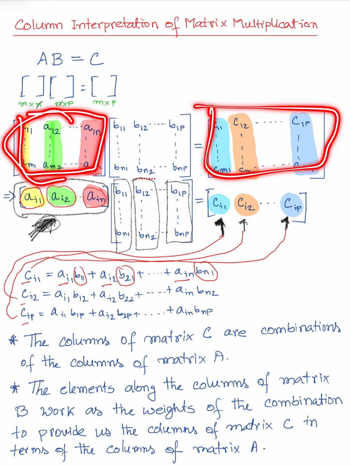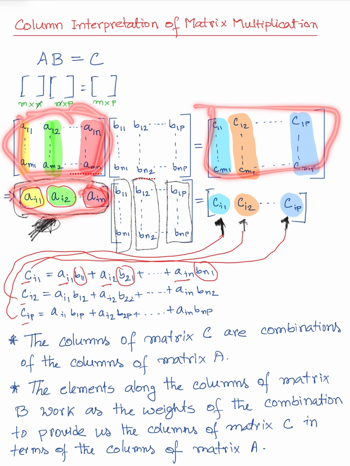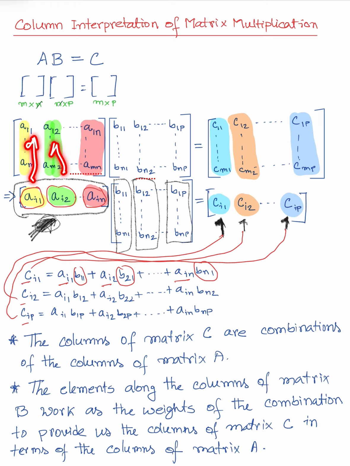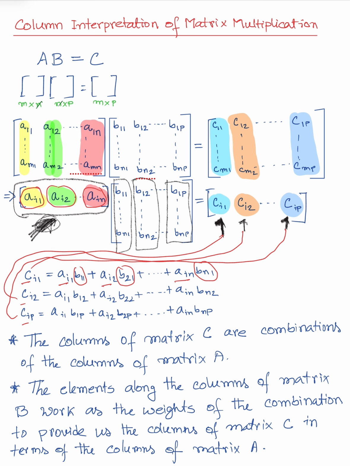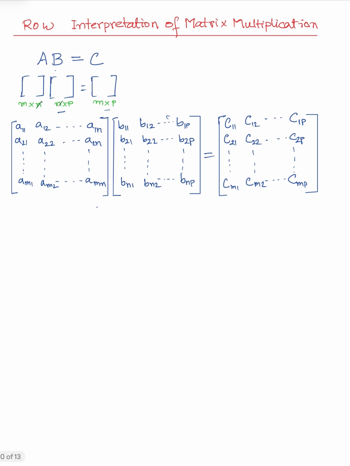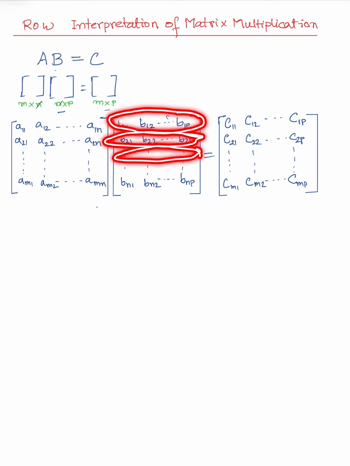We converted these into columns, basically turned those column elements into single elements. For both A and C, we did the same thing. Here, on the other hand, for the row interpretation, we would do it for matrix B and matrix C, but we will do it for the rows. We will turn each of these rows into single elements.